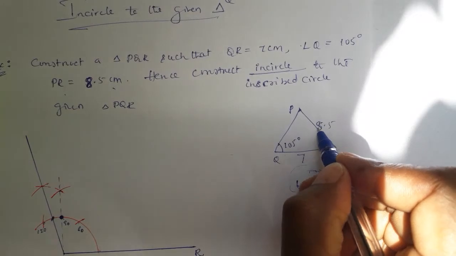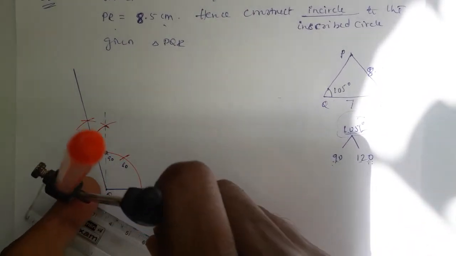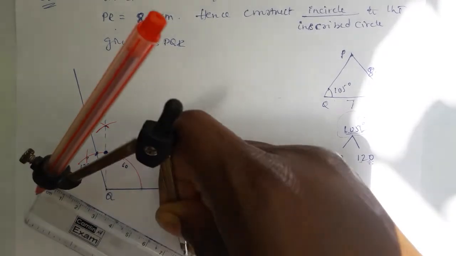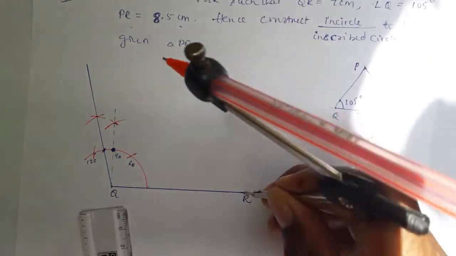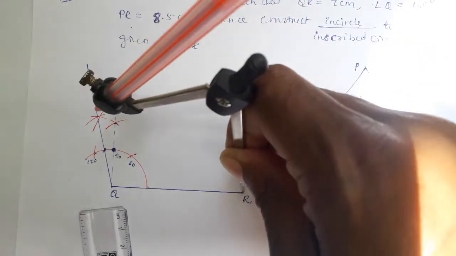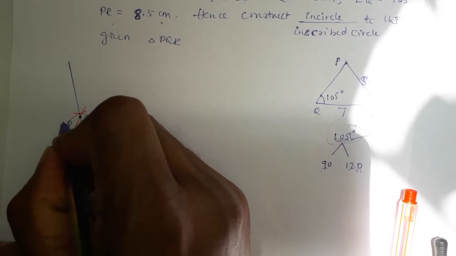So what I do, I make this PR measurement 8.5. So we'll make a change. I have to take 8.5 now. Look, 8.5 is taken here. This is 8.5 centimeter. Now from R you have to cut 8.5 centimeter. Look, 8.5 centimeter is cutting the line. So this point is P point.